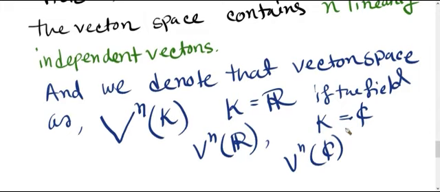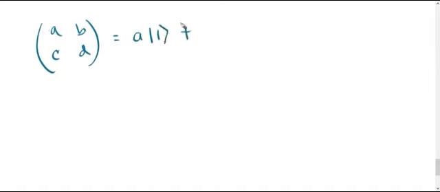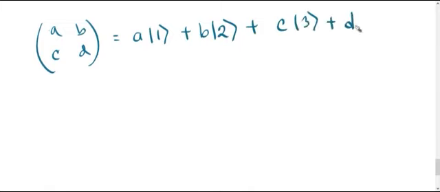So how do we find the dimension of a vector space? The definition suggests that we look for the linearly independent vectors. Again, let's take our example of the matrix A, B, C, D, which we wrote as A1, B2, C3, D4.